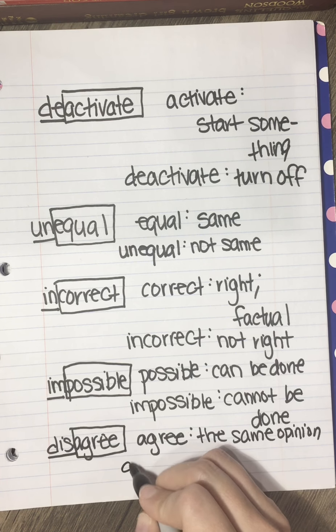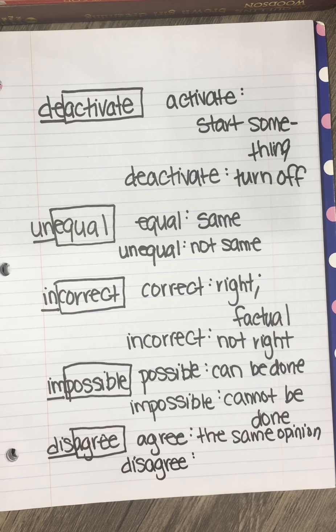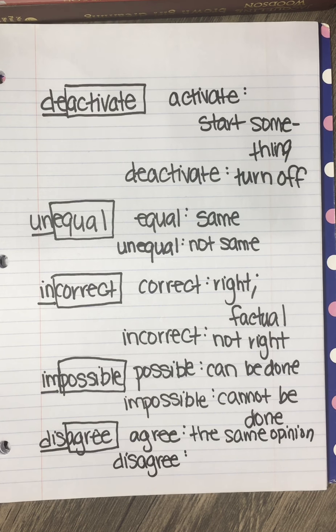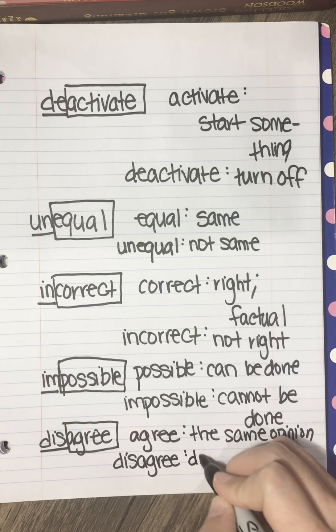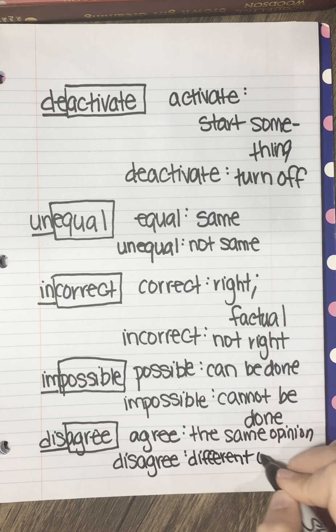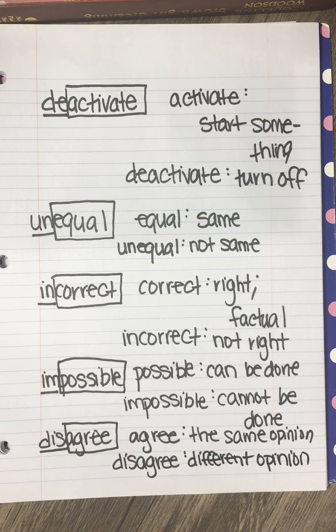But if we disagree, it means that it is the opposite of agree, or we do not agree. Maybe somebody thinks pumpkin pie is the best and somebody else thinks pecan pie is the best. It doesn't mean that you're wrong, it just means that you have different opinions. Okay, so those are the negative prefixes that we are going to talk about this week.